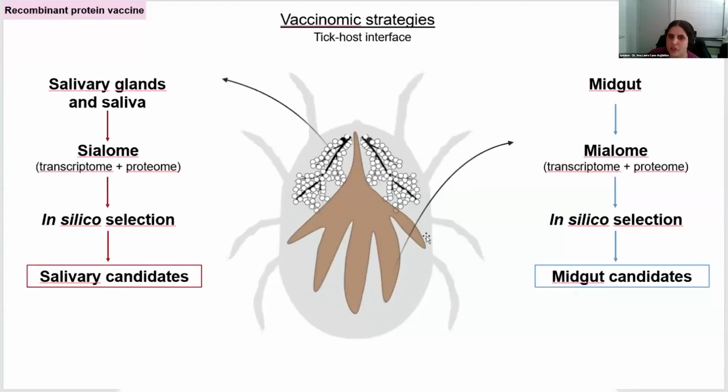So we have conducted a vaccinomic strategy based on the transcriptome and proteome of these two tissues, known as sialome and mialome. Based on this data, we conducted an in silico selection, taking into account different criteria. Then we selected candidates from the salivary glands and from the midgut.